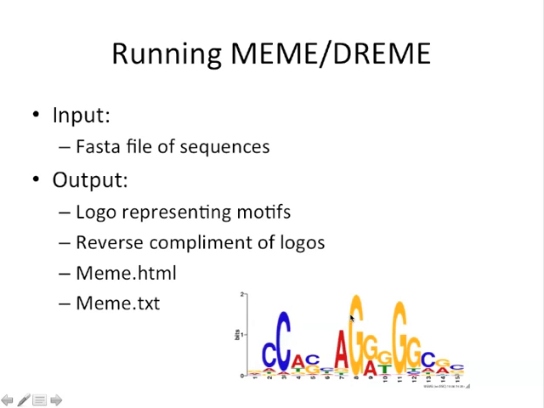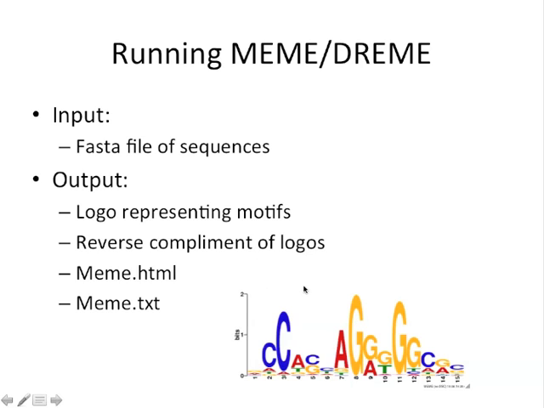The bigger the letter, the more commonly you see that nucleotide. So in this case, you almost always see G in position 8 of this motif, and you never see anything else. Whereas at other positions, such as 10, you see a mix of A, T, and C.